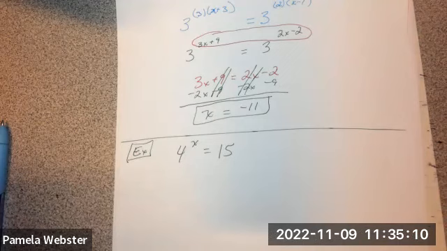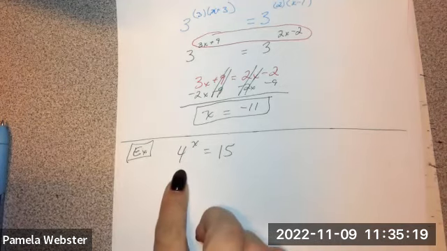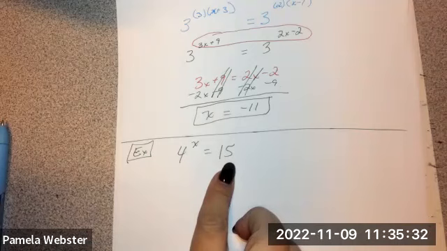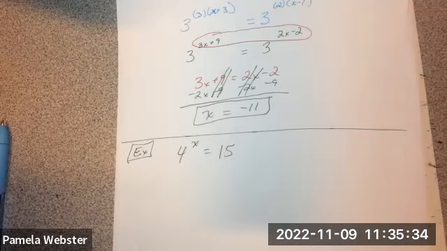And I look at that and I say, oh, it's definitely exponential. The variable's up in the exponent. I need to get it down. 4, I could rewrite 4 as like 2 squared or something, but 15 is not going to work that way, right? It's 3 times 5. So it's not a power of anything or anything like that. So this is one like what we did just a second ago.